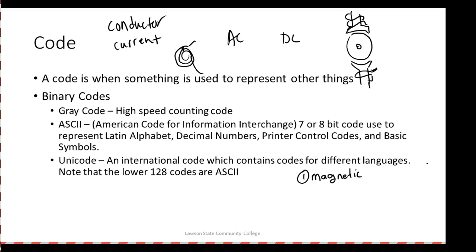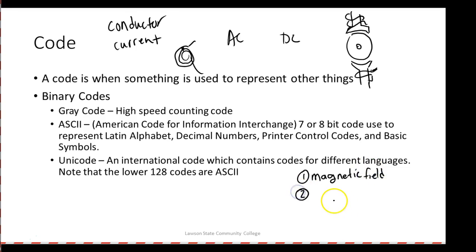How do transformers work? It induces a voltage from one set of windings into another set of windings, and it does it magnetically, right? You understand that? So to induce a voltage magnetically, or an electromotive force, first of all we have to have a magnetic field.